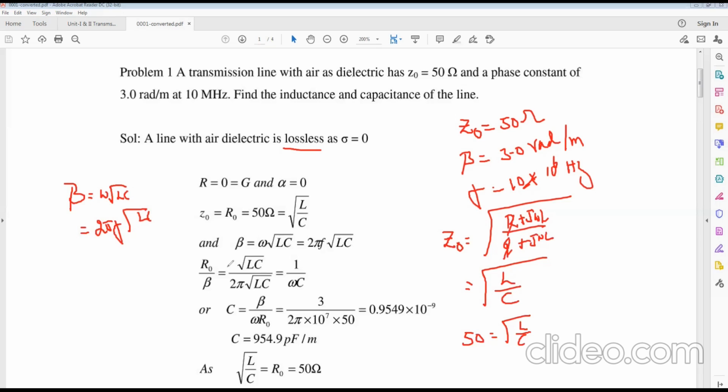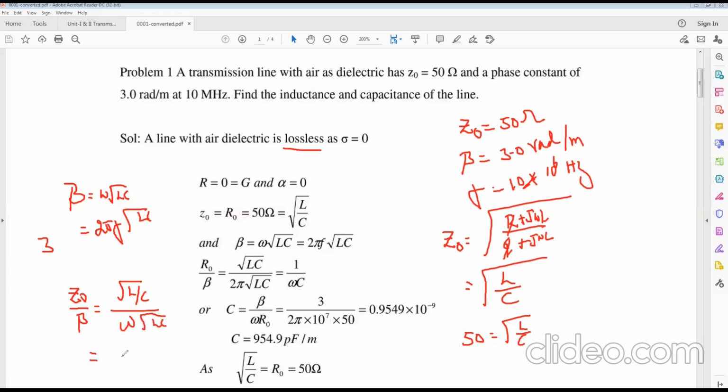So from these two functions, we need to find using beta given as 3 radians per meter. To get the function, take Z naught by beta. Z naught is under root of L by C, divided by beta, which is omega root LC.